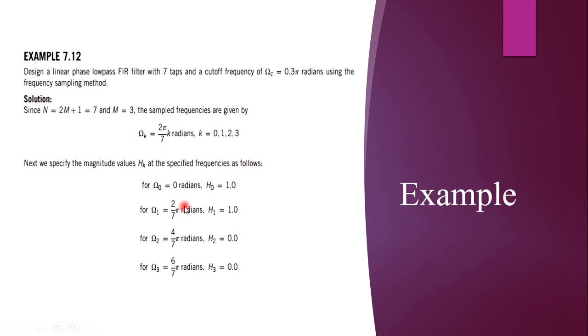Then if we divide 2 by 7, it will come out to be 0.2 something. It is again less than 0.3, so it will be assigned 1. If we divide 4 by 7, it will come out to be 0.4 something. Then all these frequencies are 0.